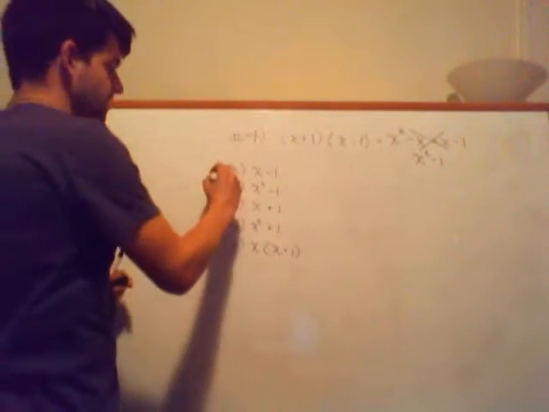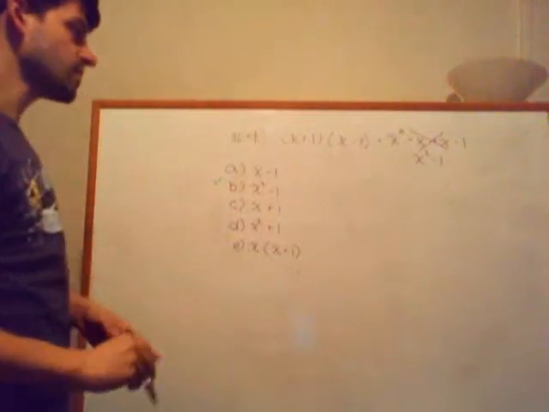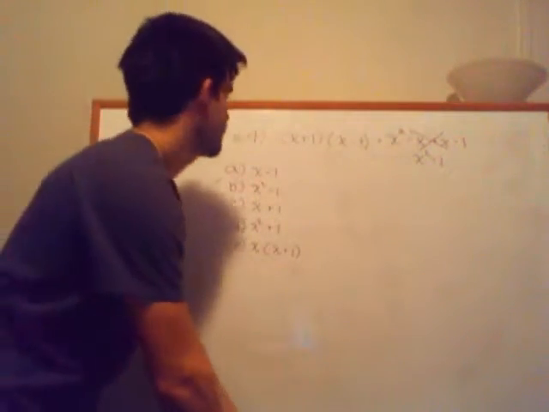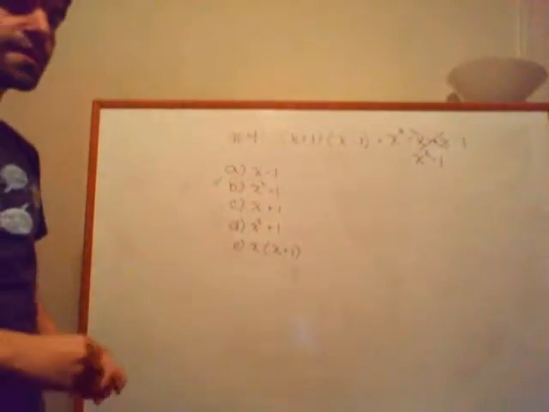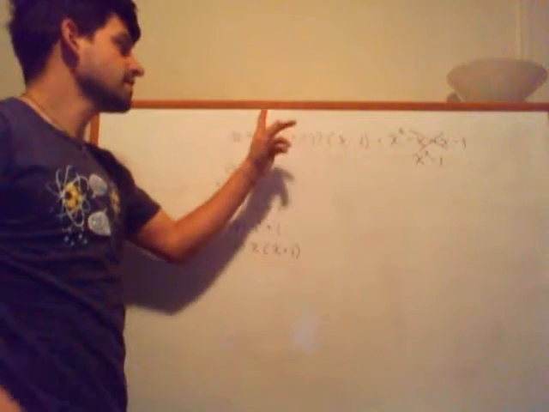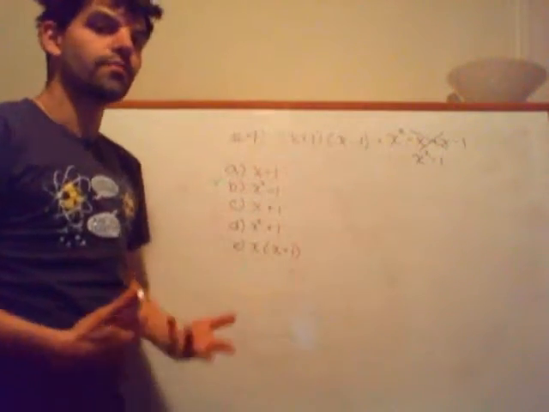But let me explain why the other ones don't work in a little bit more detail. Okay, so starting with choice A, we do have x minus 1. This one's not going to be possible because remember with binomials and any terms that are connected strictly by parentheses, you're multiplying.